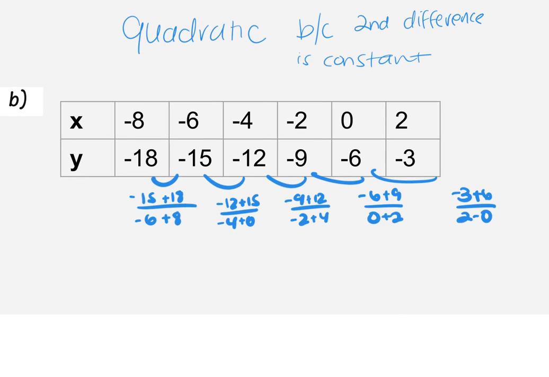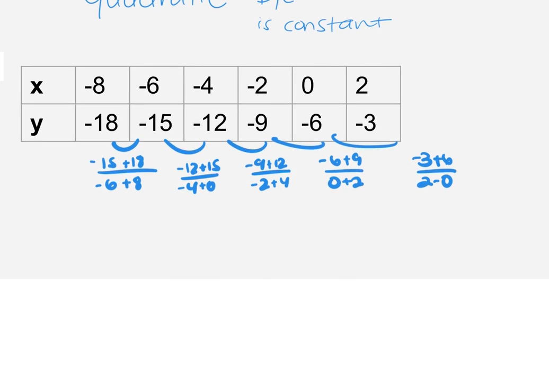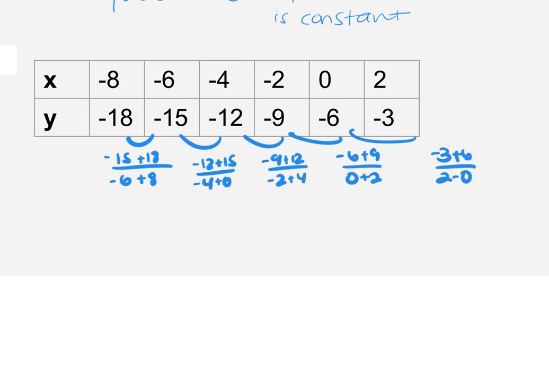And as long as it's consistent, it's fine, right? If it's inconsistent, then I can't use this kind of data to figure that out. So this would be 3 over 2. Did I do that right? Yep. This would be 3 over -4.